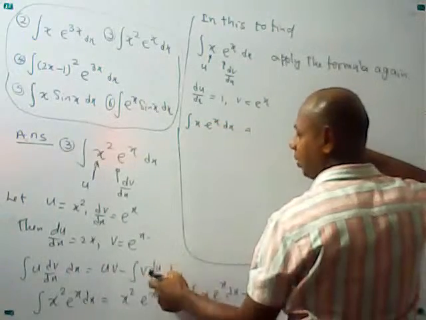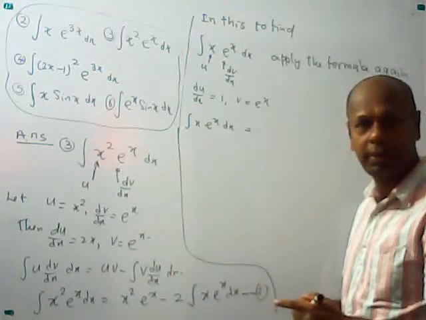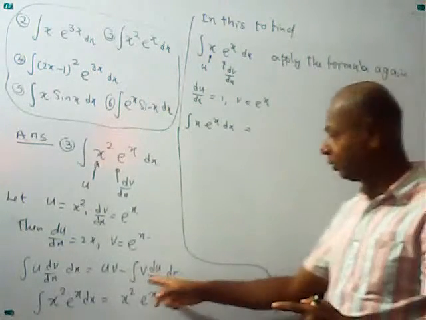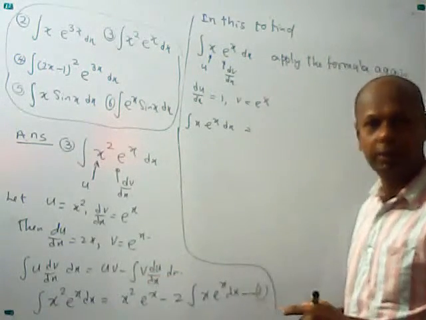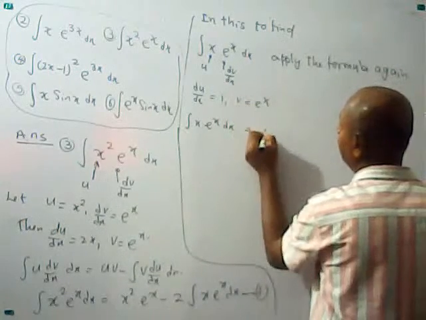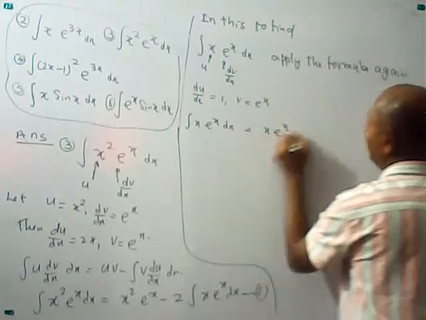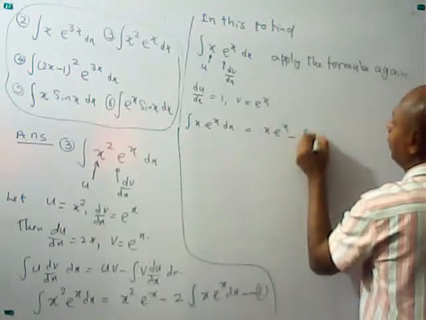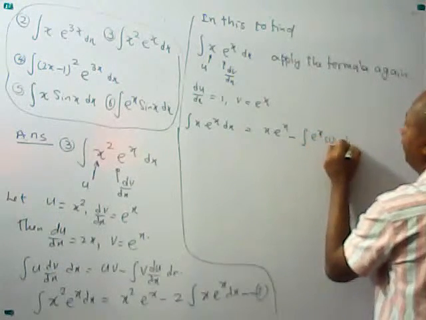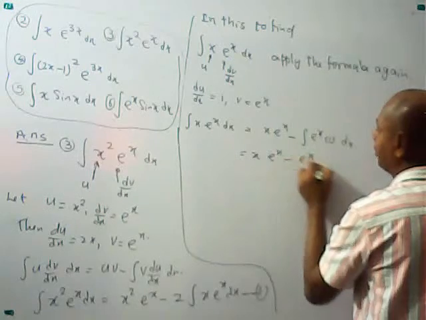We have written the formula once, you don't need to write it again. uv is x times e^x minus the integral of e^x times 1 dx. So it's x e^x minus e^x, right?